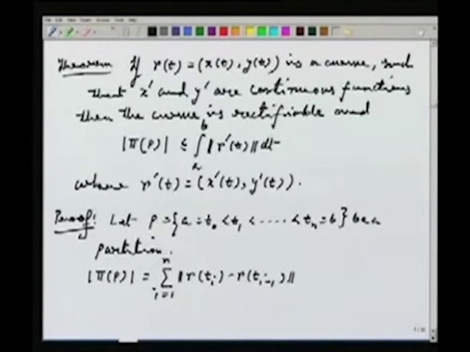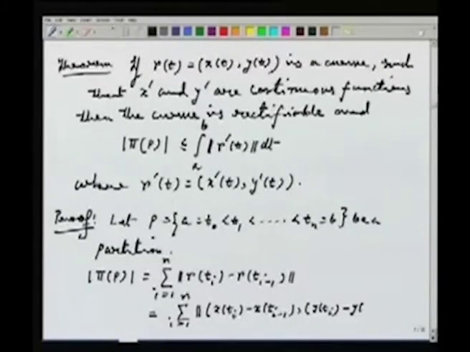Okay. Now, this is the quantity which I have to play around with. Well, I write that as now summation i from 1 to n norm of x(t_i) minus x(t_{i-1}), comma, y(t_i) minus y(t_{i-1}).